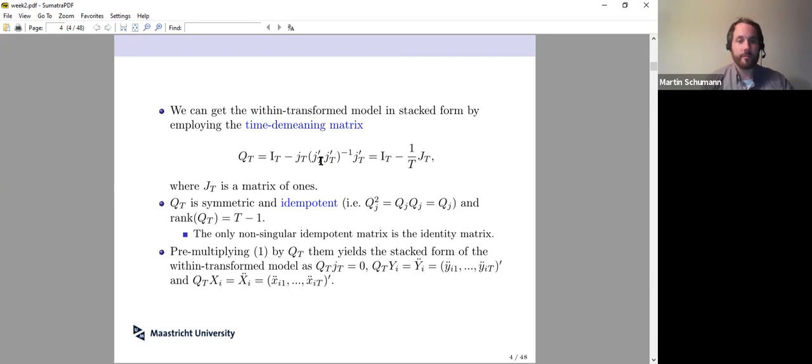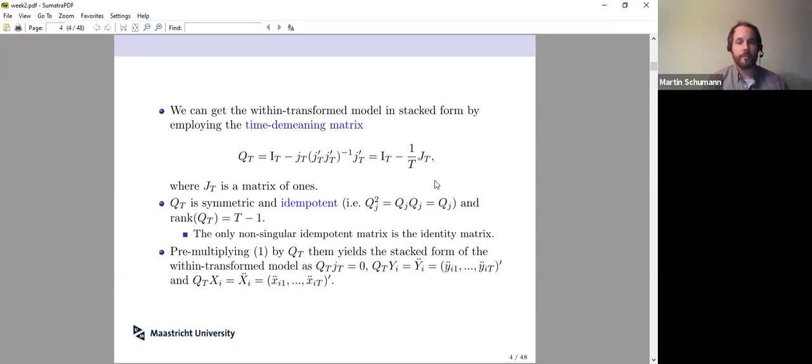On the first one it's correct, the second one is wrong. I will correct that. So you have here these combinations of these vectors of 1, and it turns out that this in the brackets is simply 1 over T times J_T, a matrix that has 1 in every component.